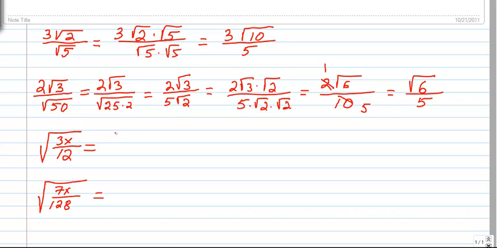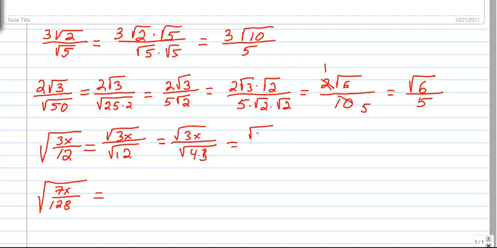In our next example, using the quotient rule for radicals, we can separate the numerator and the denominator and place them under different separate radical signs. Then, as the next step, we will simplify the denominator, simplify the radical first.